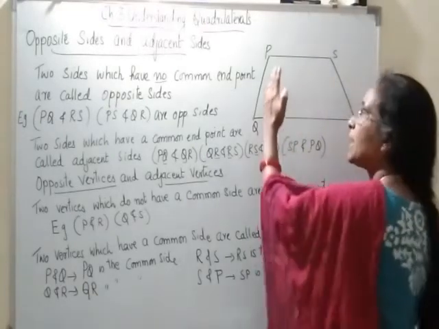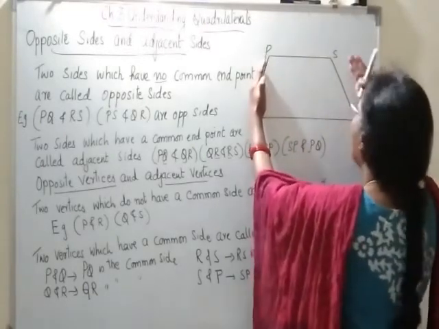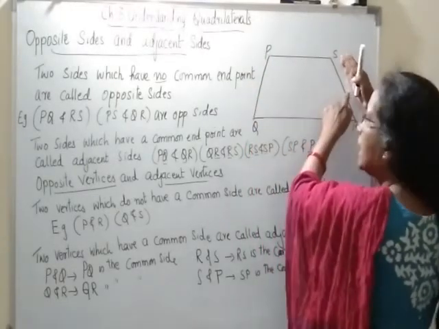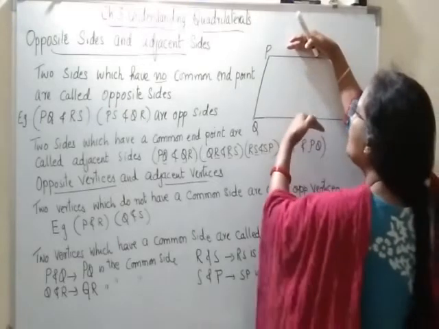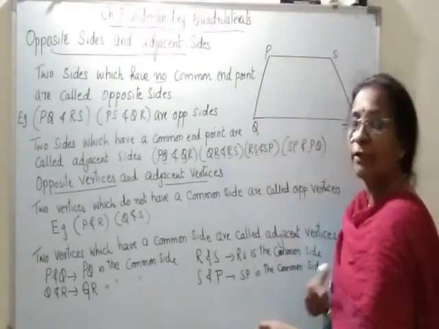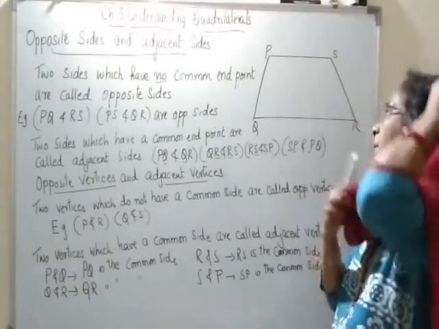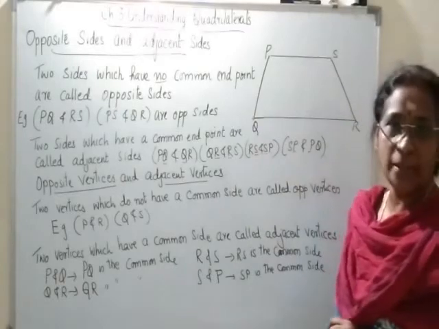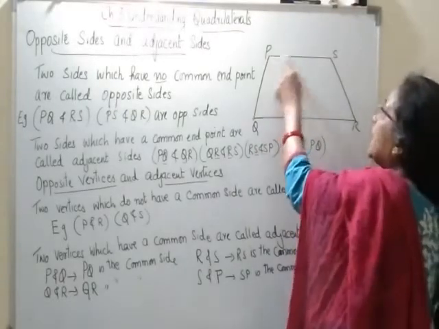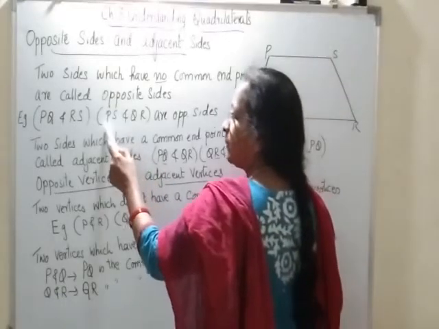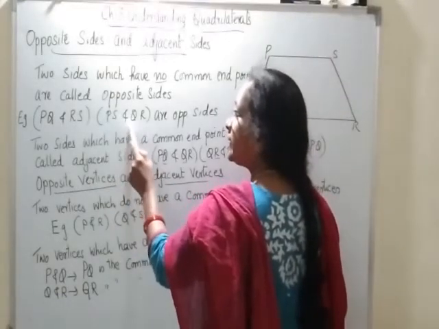Now, if you take opposite sides, which sides are called opposite? See here, this side is opposite to this side. So, these 2 sides are opposite. Similarly, this side is opposite to this side. So, these 2 sides are opposite. How will you define them? What is special about them? The 2 sides which have no common endpoint. Here PS and QR. No letter is repeated.